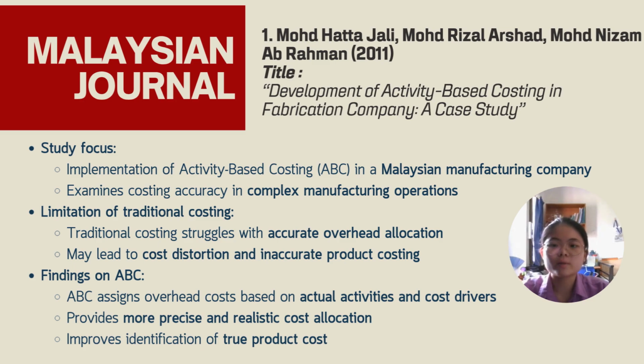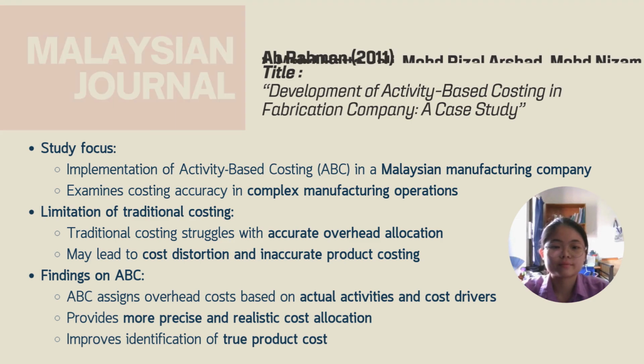The study found that ABC is a better and more accurate cost method because it allocates overhead costs based on the actual activity and the cost driver. This allows the company to identify the true cost of products more effectively. As a result, managers can improve pricing decisions, cost control, and profitability analysis through more accurate cost information.